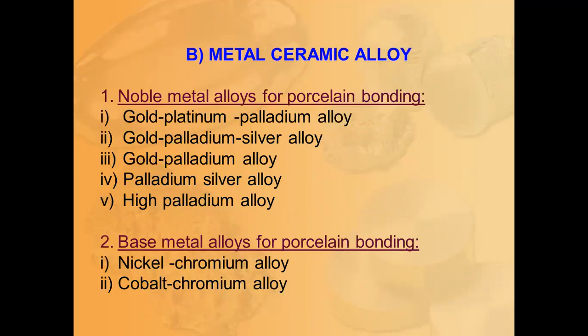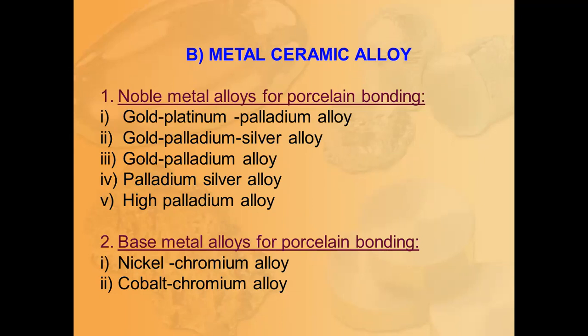Now next classification, metal ceramic alloy. This is further divided into two categories. Noble metal alloy for porcelain bonding, which contains gold, palladium, platinum alloy; gold, palladium, silver alloy; gold, palladium alloy; palladium, silver alloy; and high palladium alloy.